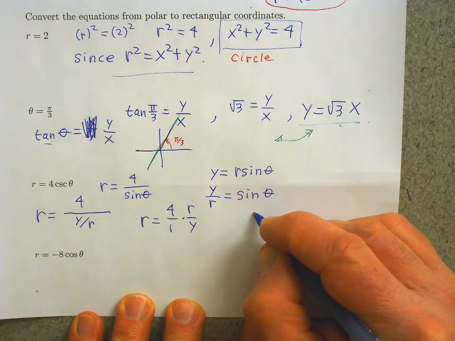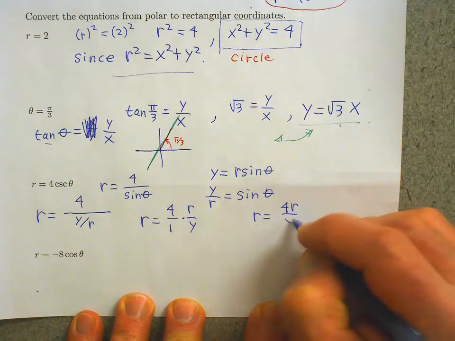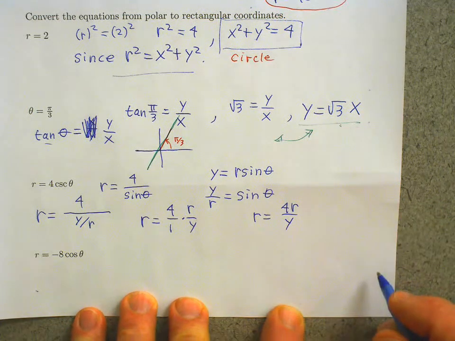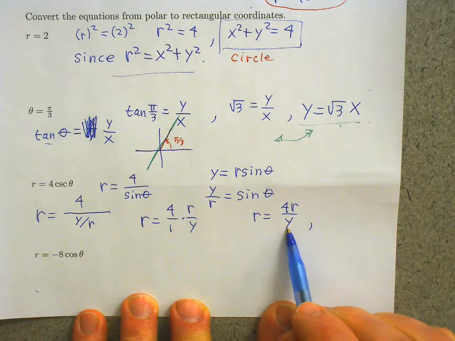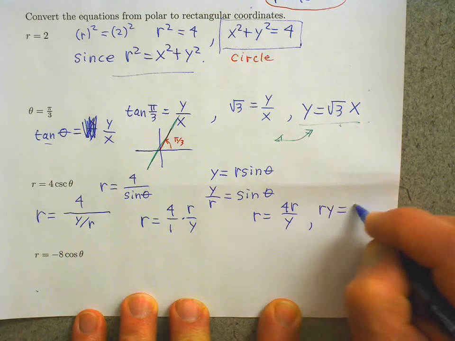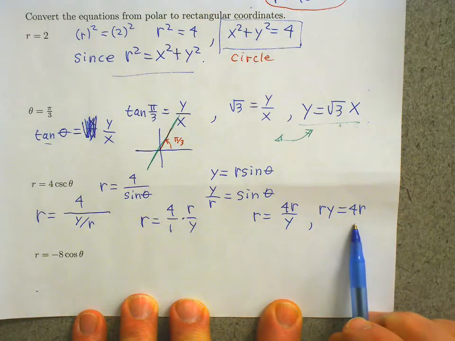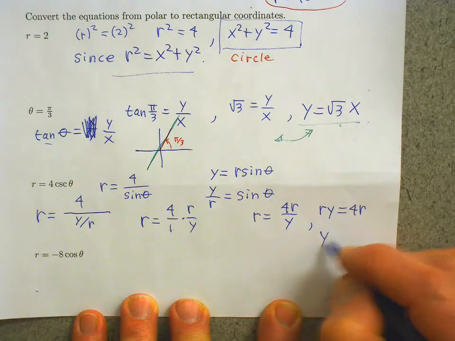Okay, so r is equal to 4r over y. Let's multiply both sides by y, so we get y equals 4r. And then lastly, divide both sides by r, we get y equals 4.